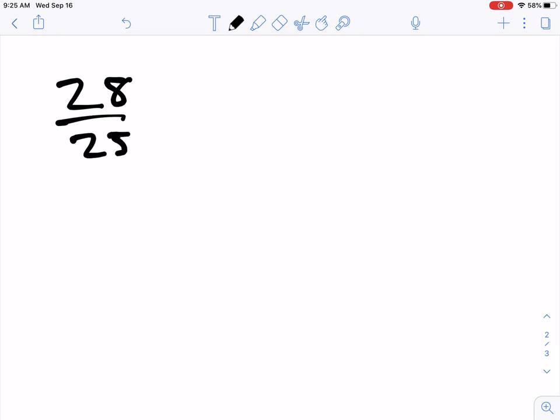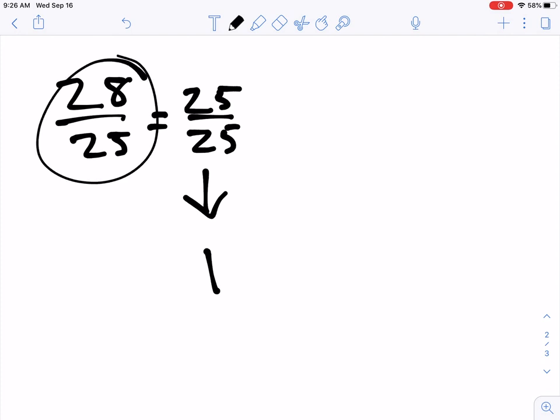What you should notice when you have 28/25ths is that you have more than 25/25ths, and 25/25ths is 1 whole. So you were able to get 1 whole out of this, and then you look at what you have left.